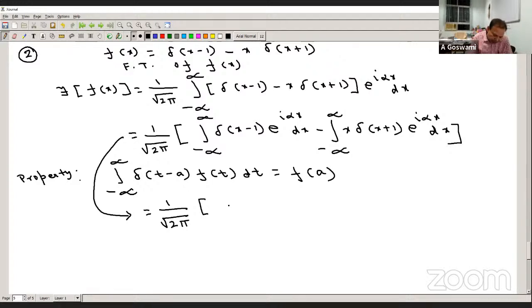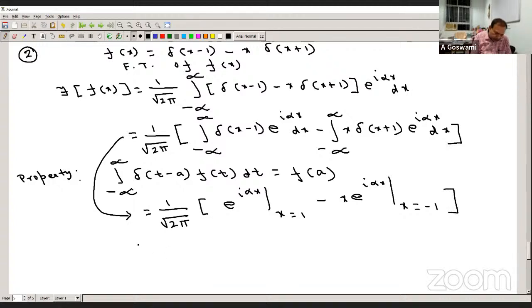I have to evaluate it at x equals 1, minus e power i alpha x at x equals minus 1.